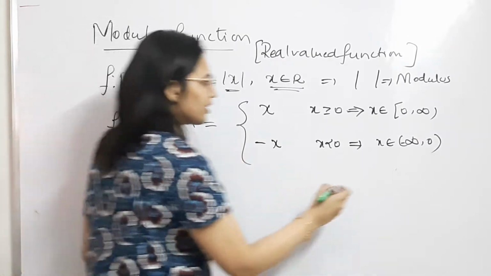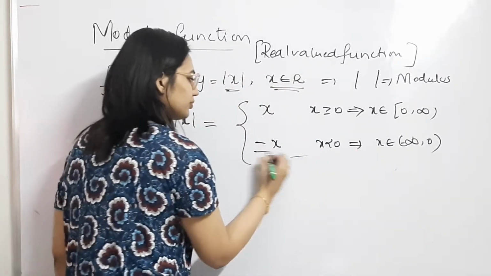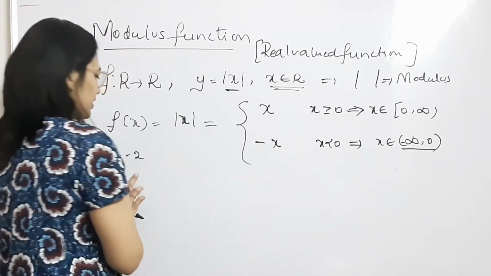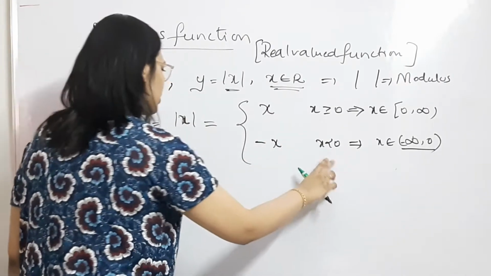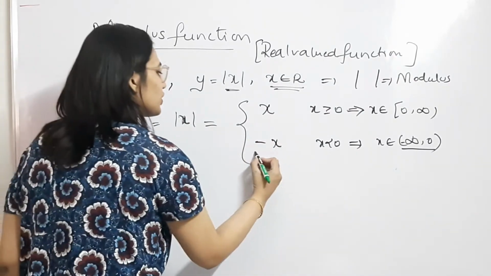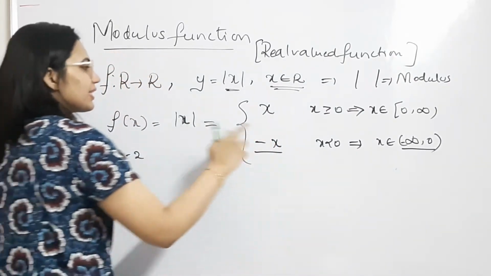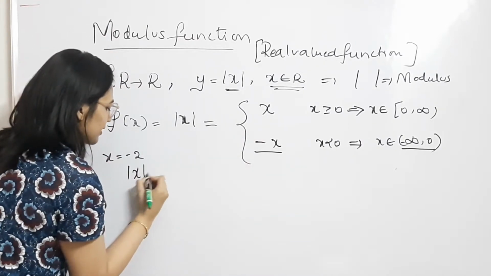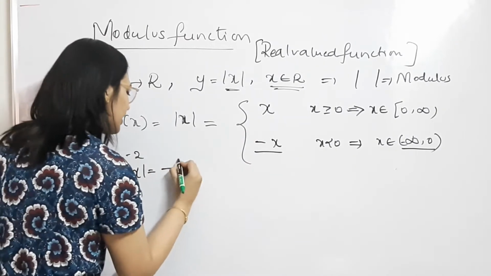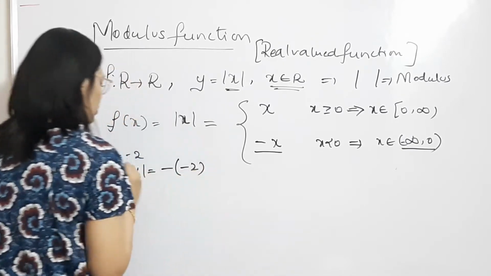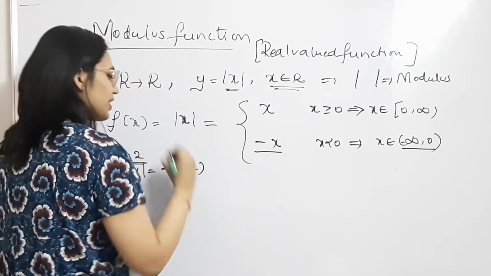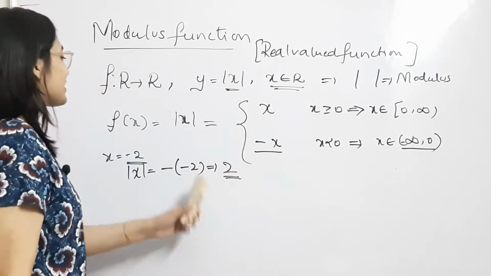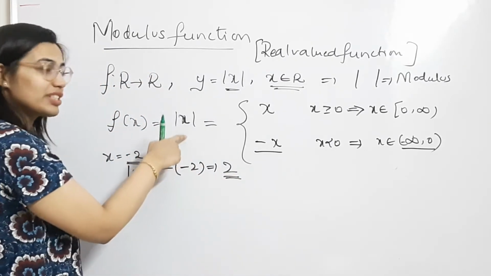It will fall under this, right, because x is less than 0 in this case. So if x is less than 0, you need to substitute x in minus x. That means mod x is nothing but minus of minus 2. You are substituting x in place of minus x and you are getting the answer as 2. That is what is happening whenever you pass a value inside a function.